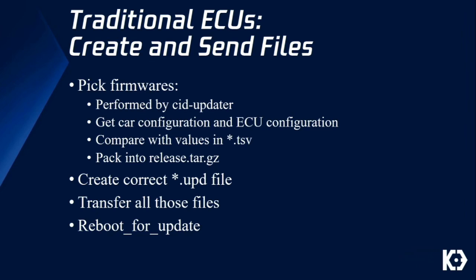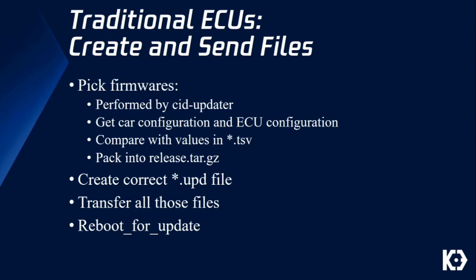If the configuration it wants to collect does not exist in the current car, it will use what we have set in the internal default options. And then those configurations will be compared with values in the signed metadata map TSV. And it will pick the most suitable firmware as good as possible, of course.